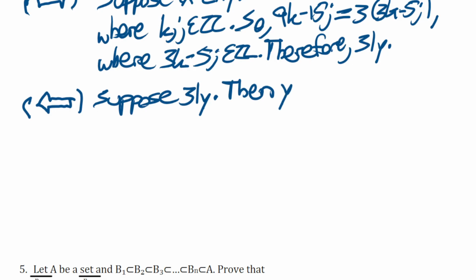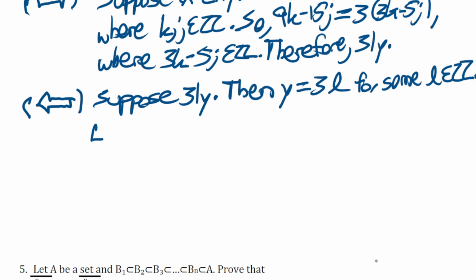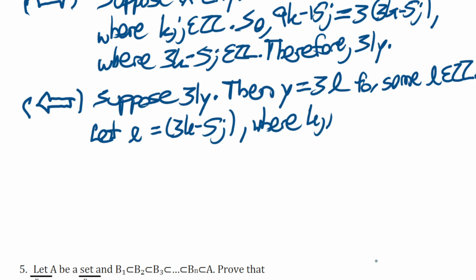So then y equals 3L for some integer L. So let's let L equal 3k minus 5j, where k and j are integers. Let's actually write this as 3k minus 5j is an integer.